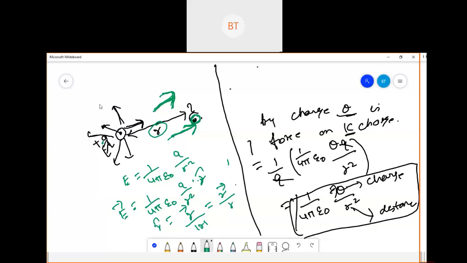For magnitude, I'll substitute that value and write E equals 1 by 4 pi epsilon naught q by r square. So this is for magnitude, and this is for direction.